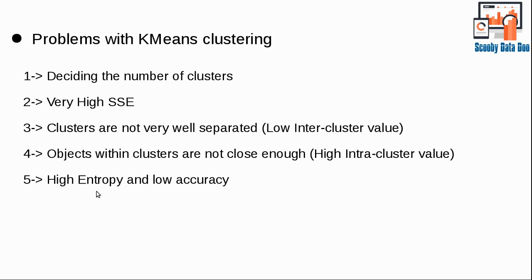High entropy or low accuracy, terms we just described in the previous slide, and dealing with outliers. This is a new term for you, outlier, and we'll talk about it in the last part of the tutorial.